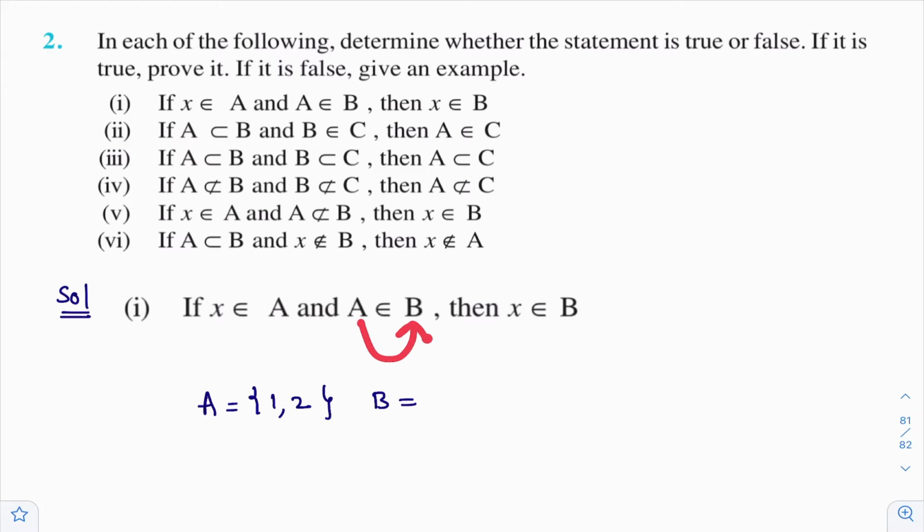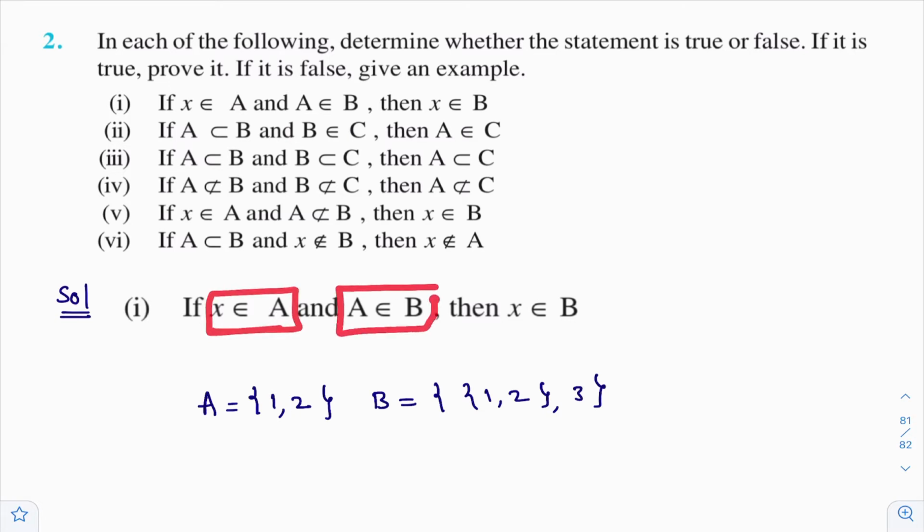If you understand that problem, this can be understood very easily. Here I am considering set B in such a way that A belongs to B. Set B, I'll write like this: {1, 2, 3}. I wrote it like this.